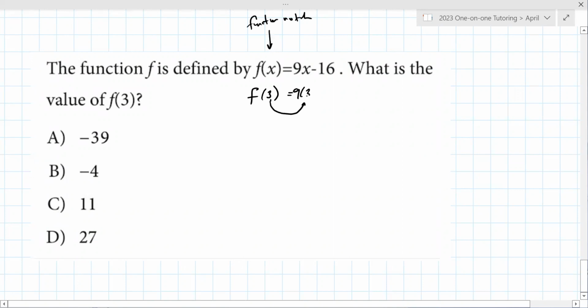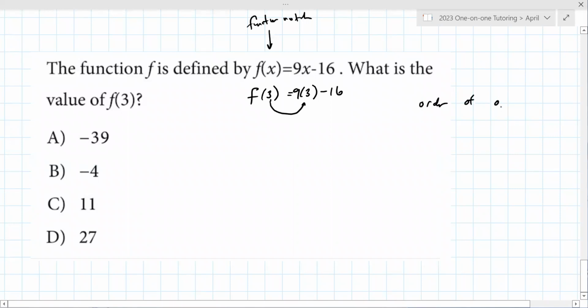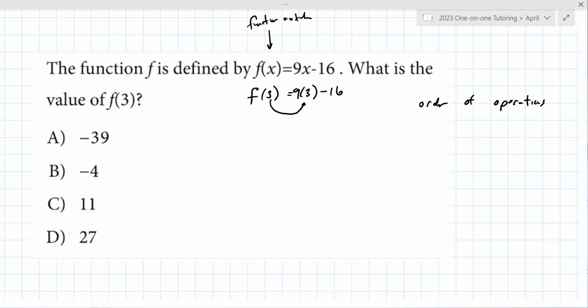So instead of x, you replace it with the number. In this case, it means put 3 in for x, then use order of operations and determine the result. Can you do that for me, please?